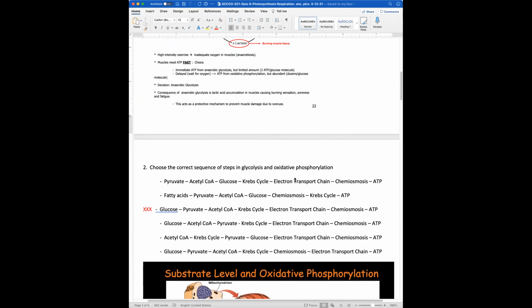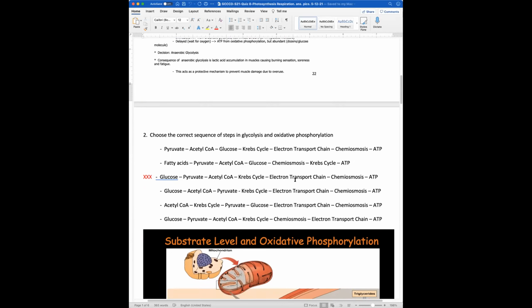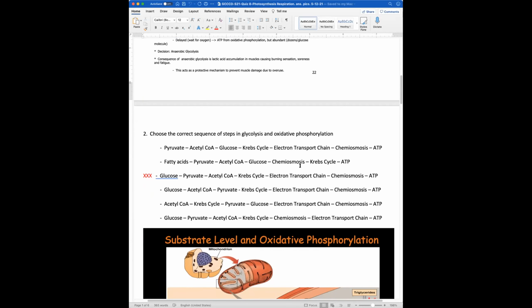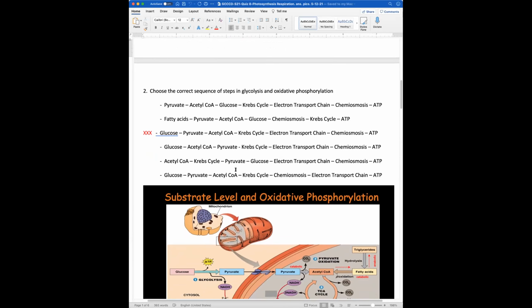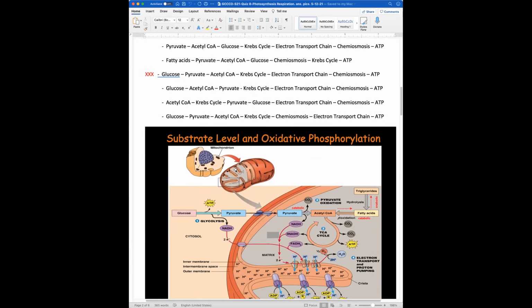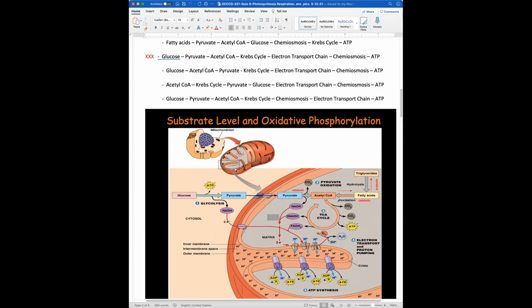Number 2, choose the correct sequence of steps in glycolysis and oxidative phosphorylation. So I gave you a number of possible sequences to choose from. And the correct one is shown, you can see it clearly on this illustration.